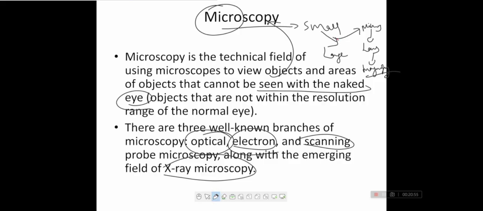Actually, the microscope is used in every branch, like in microbiology to see the microorganisms, in biochemistry to see the sample, to see the microorganisms and particles that are present in a sample.